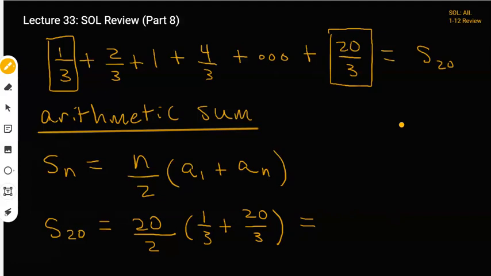What's 20 divided by 2? 10. Yep. What's 1/3 plus 20/3? Which is 21 over 3, 7. Yep.